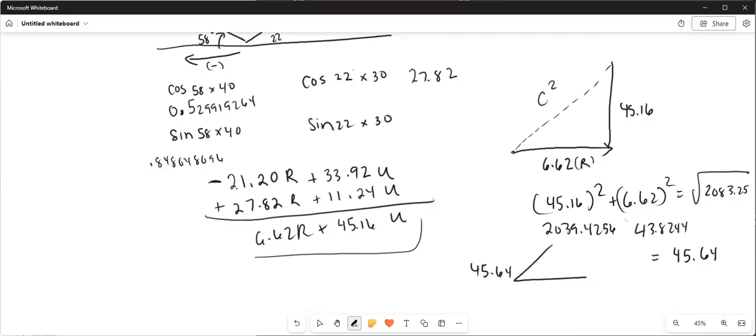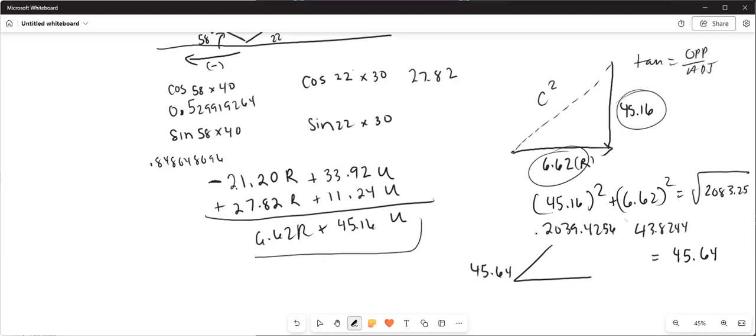So now we just need to find the angle. Like Brinkley said, we have the dimensions to use tan because tan equals opposite over adjacent.